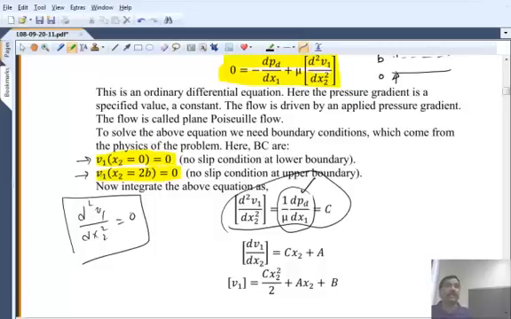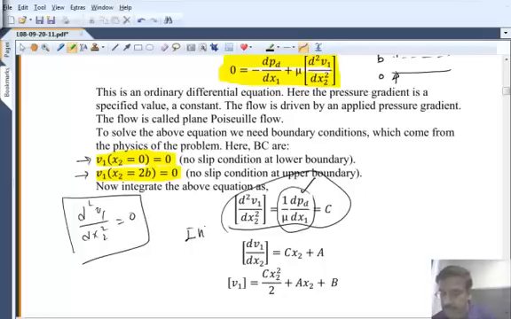So immediately, by looking at it, you can say homogeneous meaning the right hand side is 0. So the only solution that will satisfy this is v1 equal to 0. So you need to have an inhomogeneity. You need to have a non-zero forcing term on the right hand side in order to have the velocity as non-zero. Okay, and once you have that, you should be able to integrate this twice.